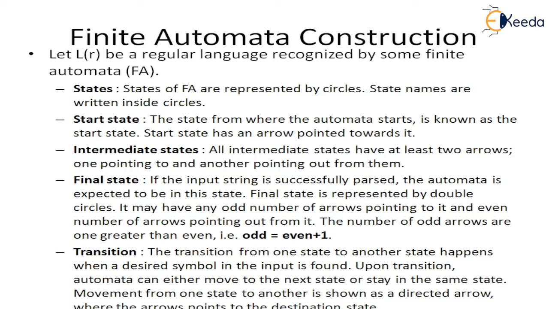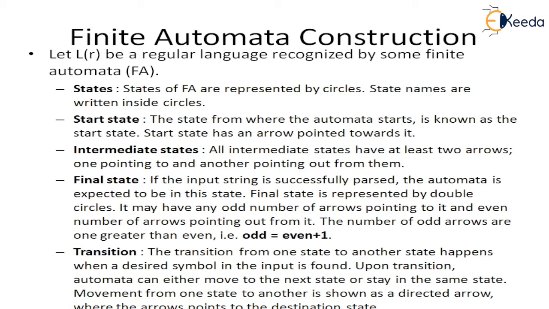The start state is the state from where the automaton starts, and it has an arrow pointing toward it. An intermediate state has at least two arrows, one pointing in and another pointing out. Both arrows are required for an intermediate state. In the final state, whenever the string is successfully parsed, it is expected to be the final state.